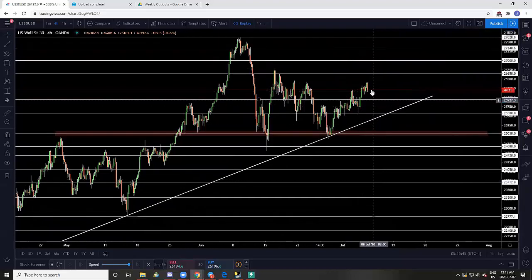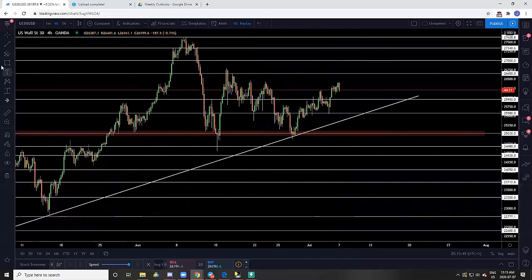With that being said, I'm looking for pullbacks to 25,580 and to continue holding structure.